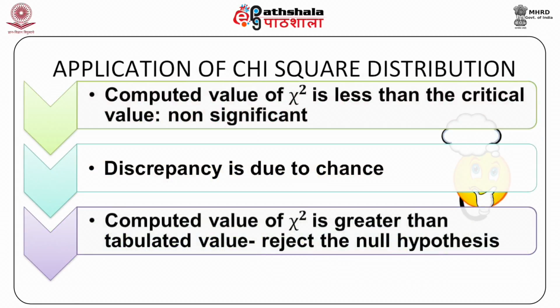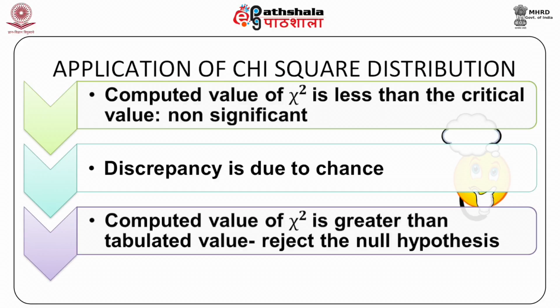Fourth, if the computed value of chi-square is less than the critical value, then it is said to be non-significant at the required level of significance, and we accept the null hypothesis. It implies that the discrepancy between the expected and observed frequencies is due to chance.